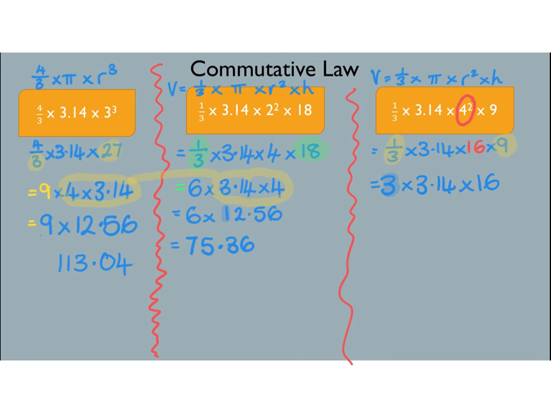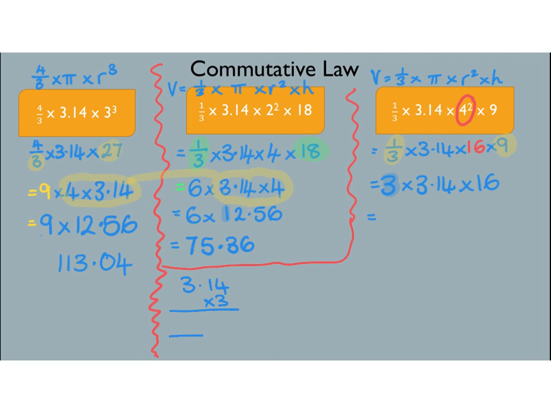Oh, what order am I going to do this in? I think I'll do the 3.14 times the 3. Might need a bit more space for this one. Steal a bit of line back. Okay, welcome to Nat 5. We just need to get on and work this out. I'm going to start with 3 times 3.14.